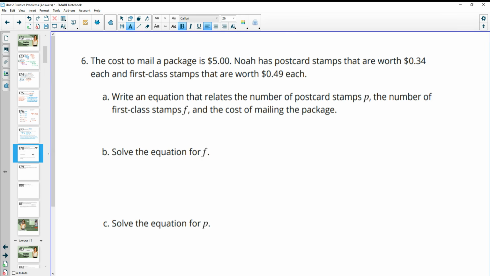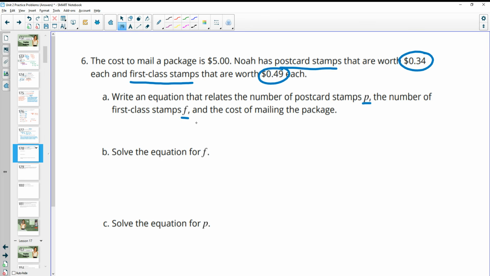Number 6, the cost to mail a package is $5. Noah has postcard stamps worth 34 cents, and he has first class stamps worth 49 cents. Write an equation that relates the number of postcard stamps, p, and the number of first class stamps, f, to the cost. So each postcard stamp is 34 cents.